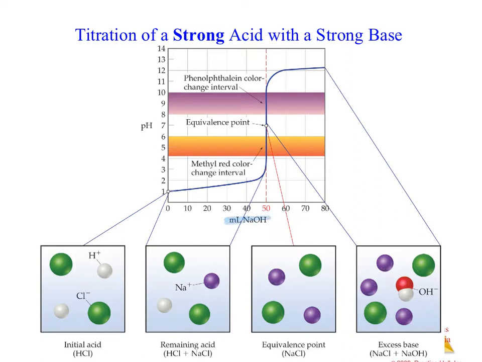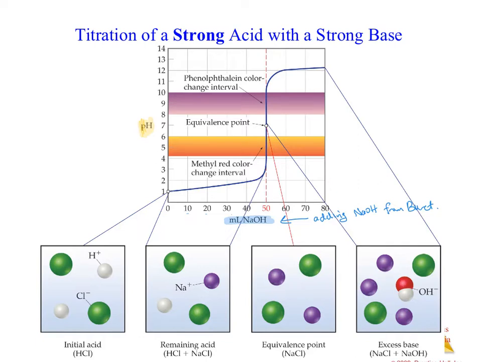I can see that I've got milliliters of NaOH on X. That means that you are adding your strong base, NaOH, from the burette. You know that because you can see the different milliliter readings as you're adding that. And on the y-axis, in this case, we have pH. So we're measuring the pH of the solution in the beaker as we add NaOH from the burette.